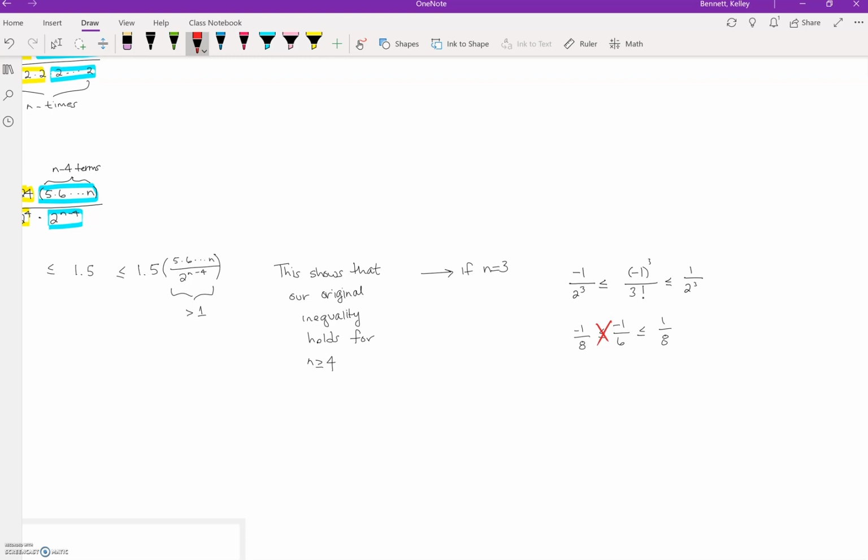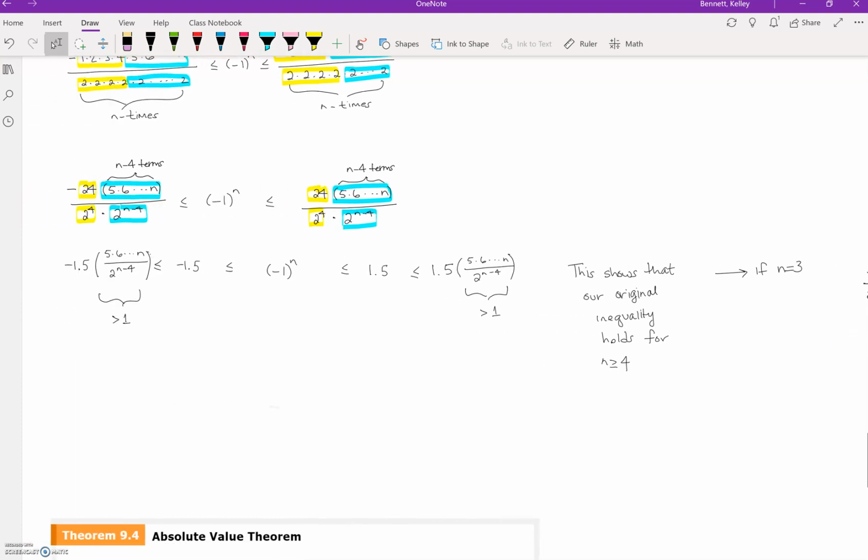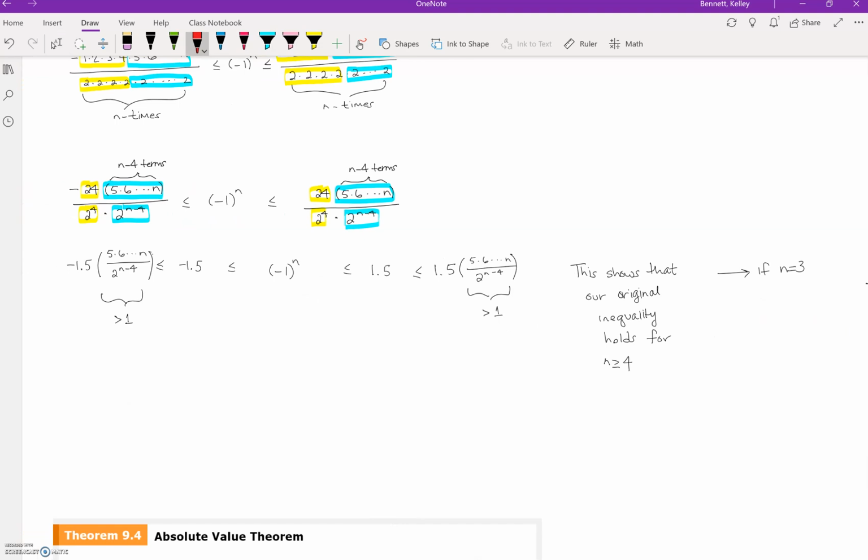So if n's 3, and clearly if n was smaller as well, we wouldn't get the inequality holding, but as soon as n hits 4, we get that top-heavy numerator, and so everything works out for us. So we showed that the inequality holds for whenever n is at least 4.